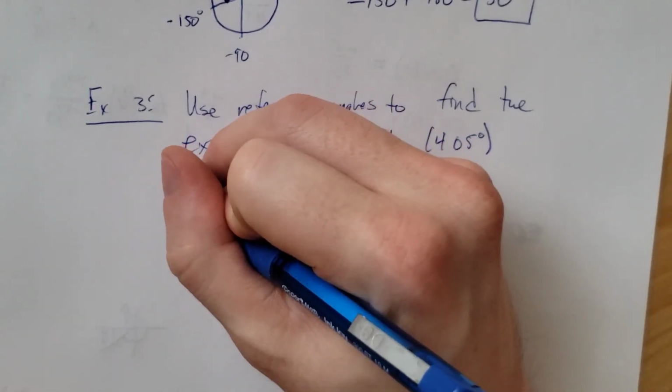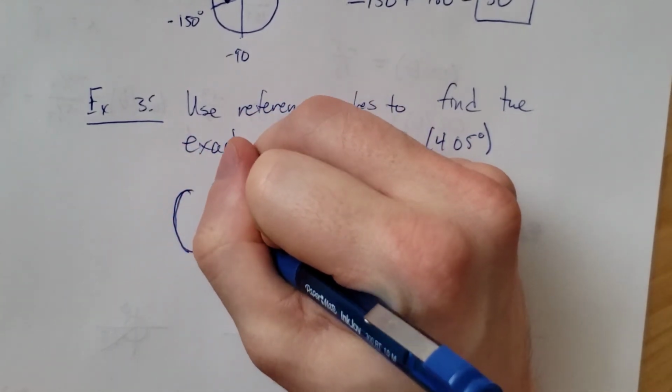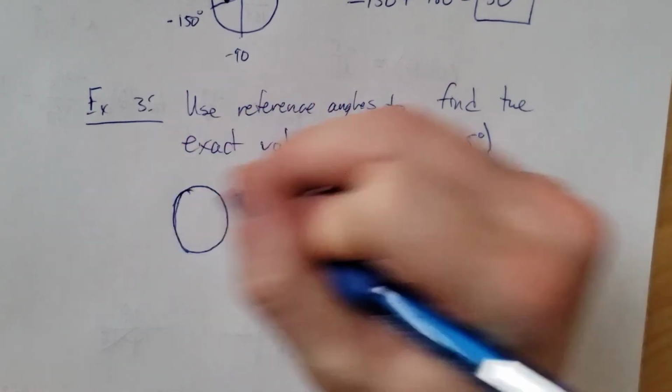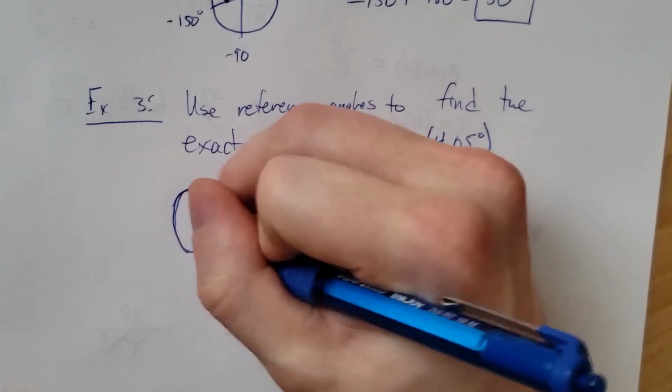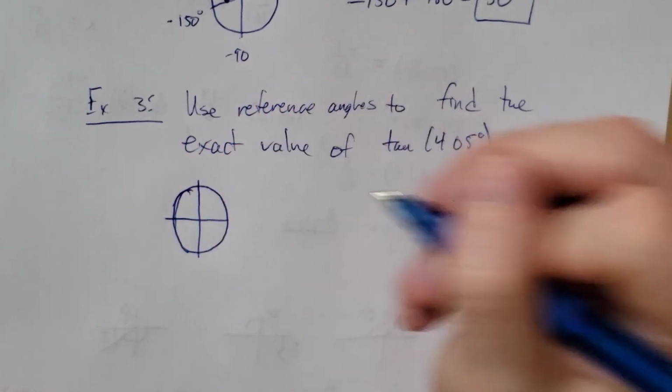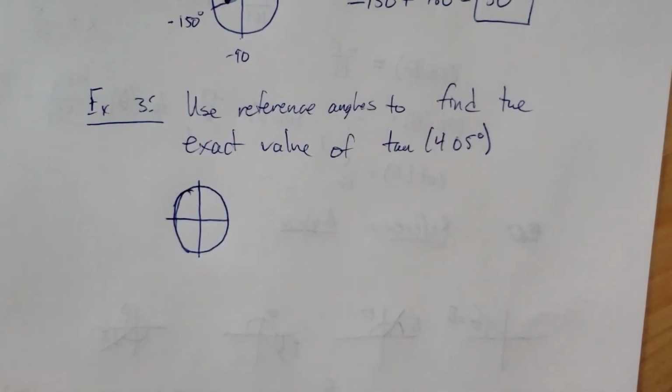Actually, in this one, it'll be more about using coterminal angles than anything else, but it'll be the same idea. What do we want to do? Well, 405 degrees, first we should convert that to something between 0 and 360.